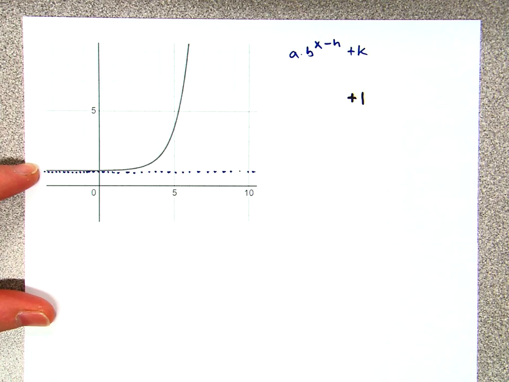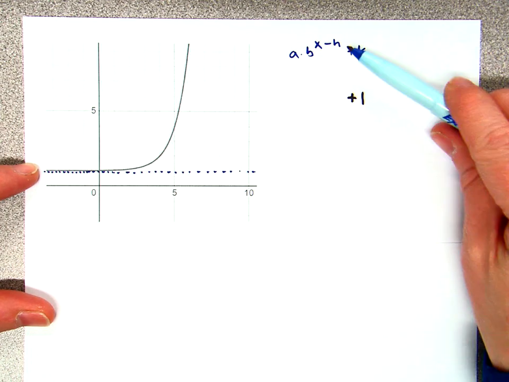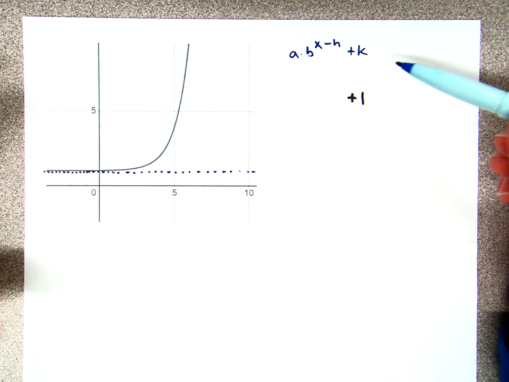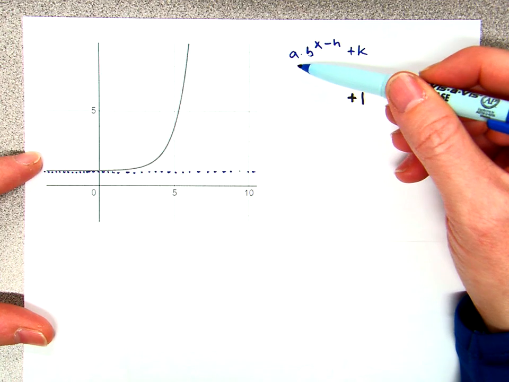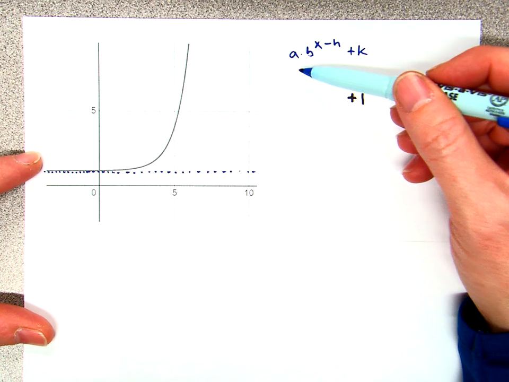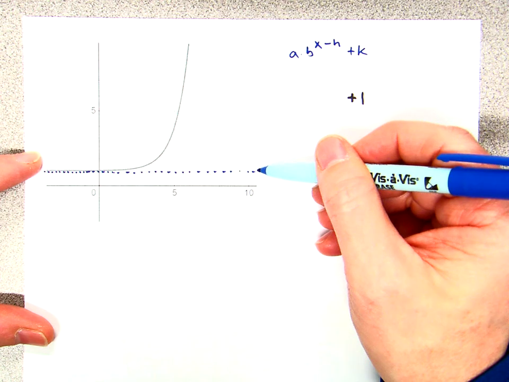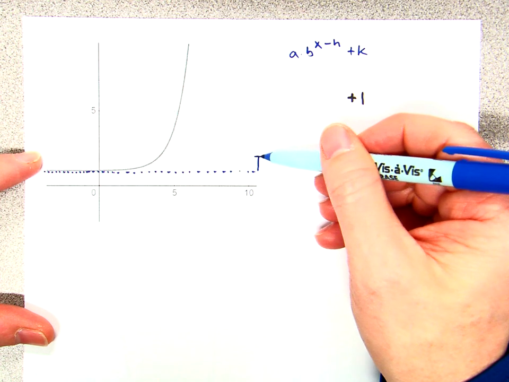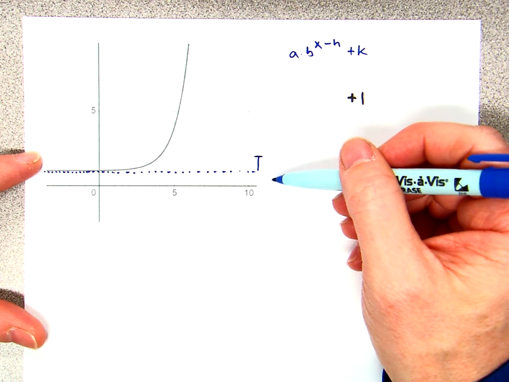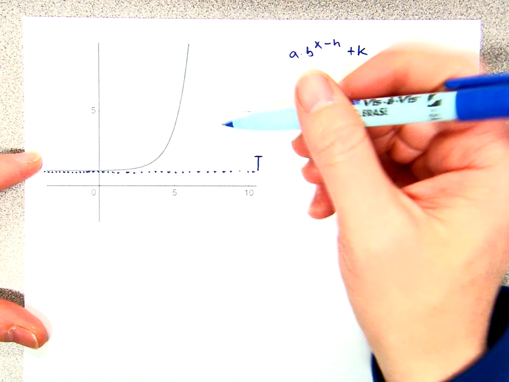Okay. Now, to figure out any horizontal shifting, we're going to let a be 1 in each case. So what we're looking for is we're going to go to our asymptote, and look for the value that is 1 unit above this asymptote. So I'm just going to start over here.